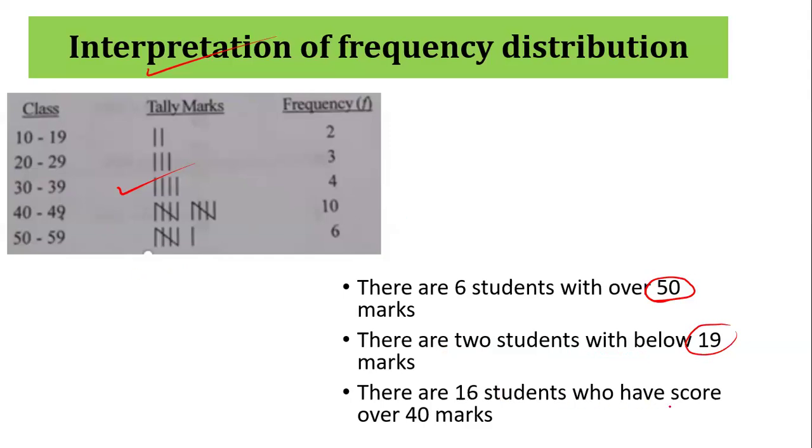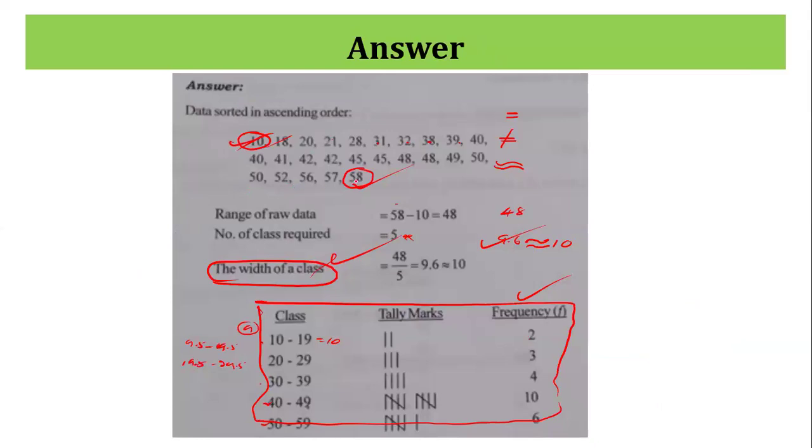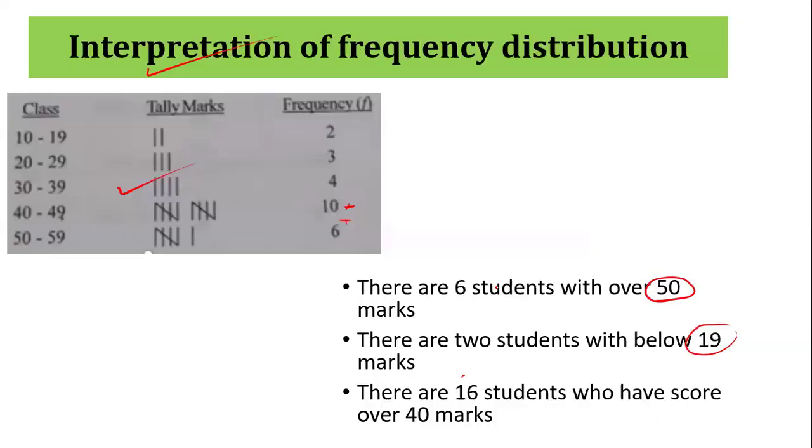There are 16 students who scored over 40 marks, 10 plus 6, the total amount. This is the interpretation of the data.